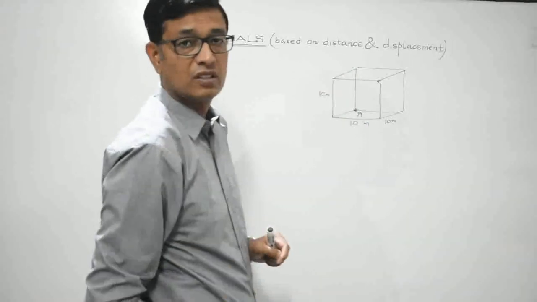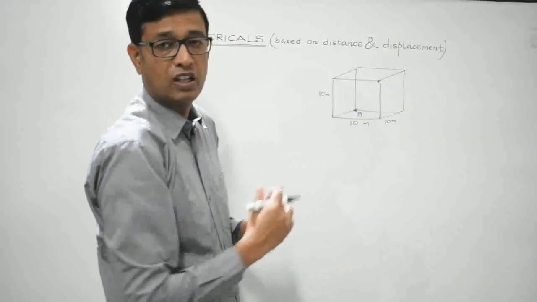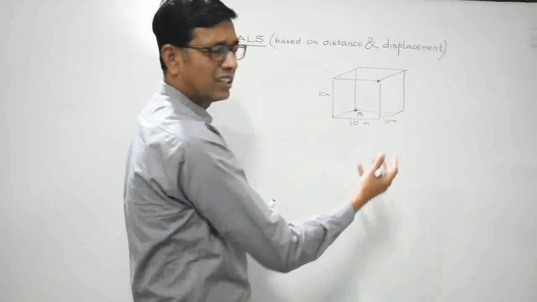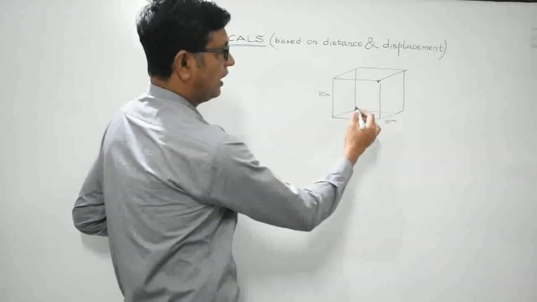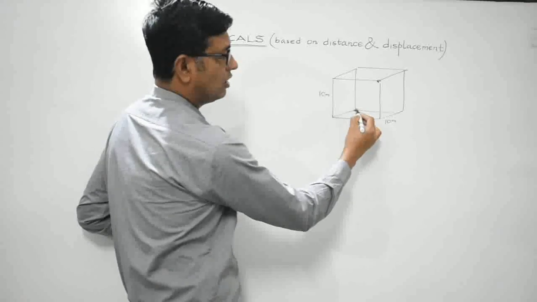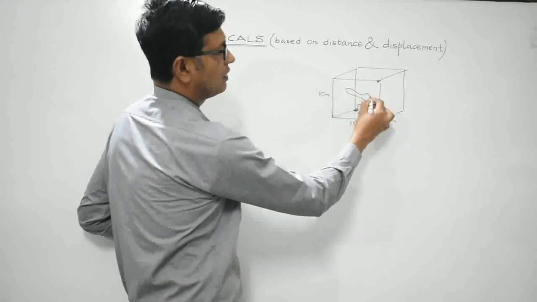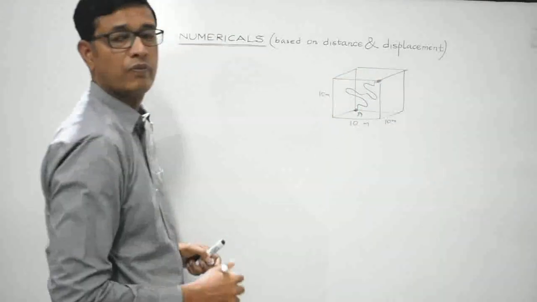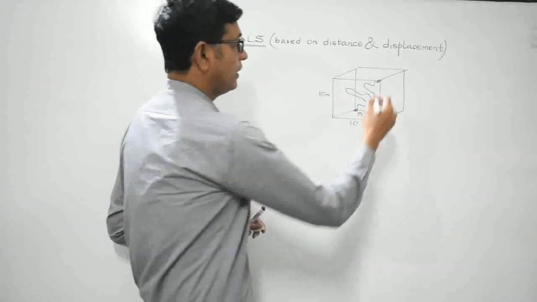So my question is, there is a room in the form of a cubical shape of side 10 meter. A fly, an insect, a mosquito, whatever, starts from point A, from one corner, and following a zigzag path, it reaches the opposite corner of the room. What will be its displacement?